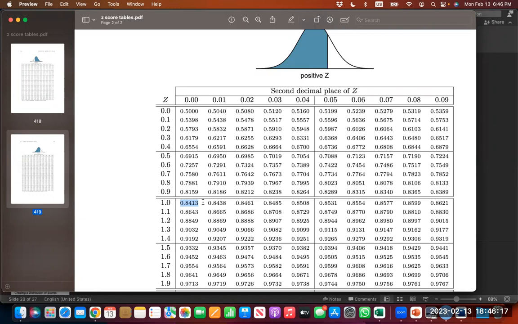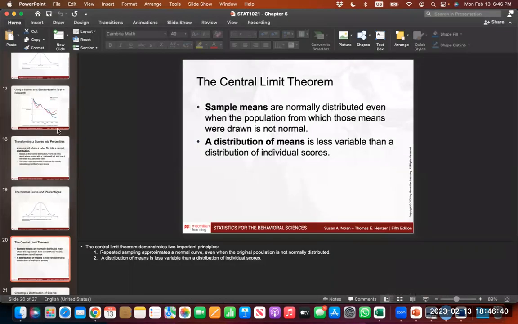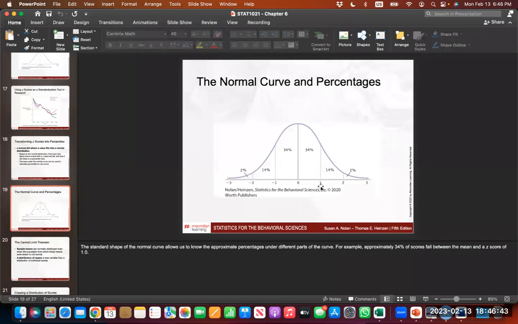Assuming that everything under the curve is 100%, you can quantify 84% with a standard deviation of 1, and everything greater than that is the 16% depicted here, for example. So with the Z scores, you can standardize and characterize the entire normal distribution curve.